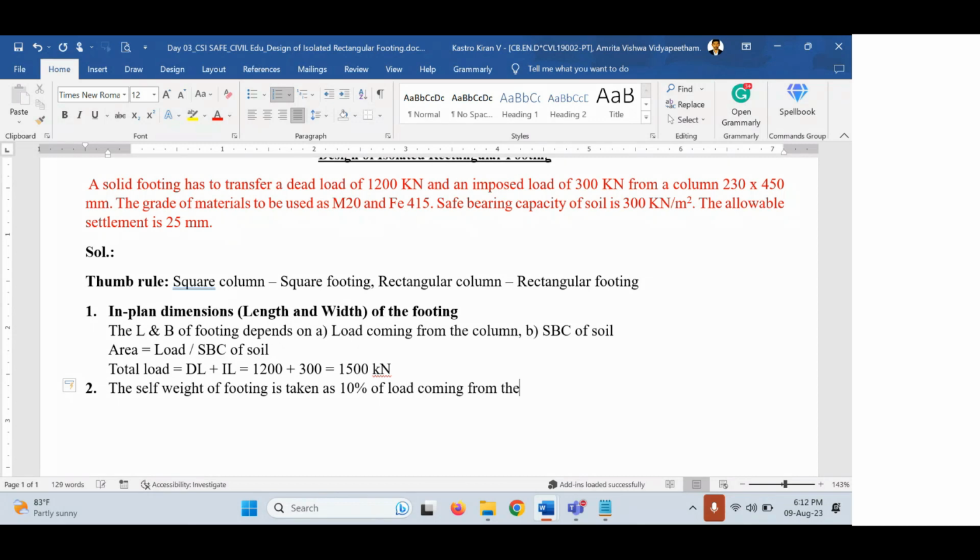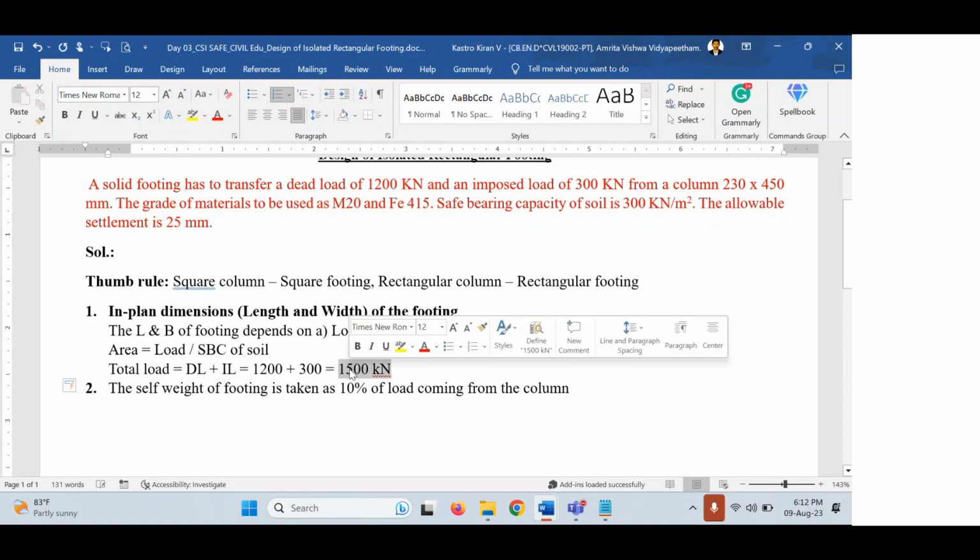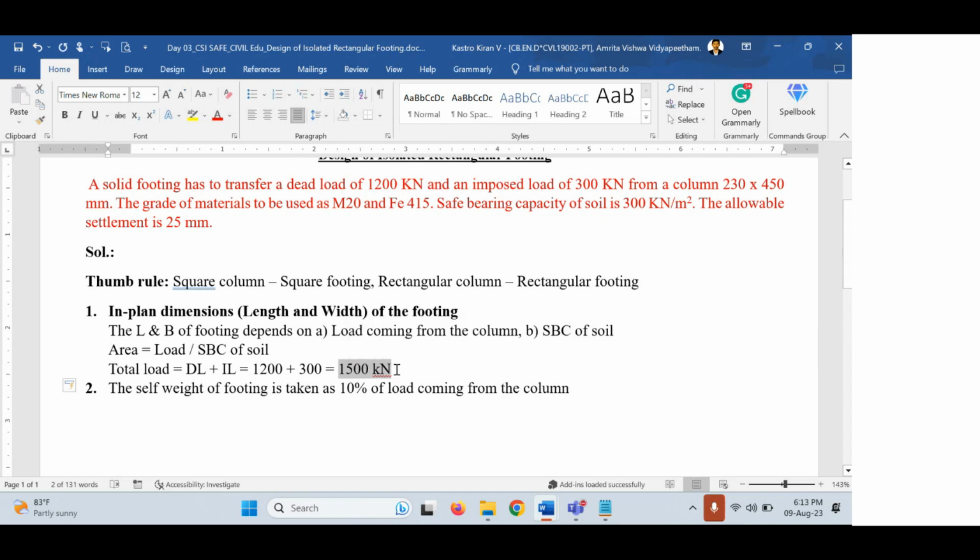What does it mean? Whatever load is coming from the column, which is an addition of dead load and live load, 1500 kilonewtons, 10% of this 1500 kilonewtons will be the self weight of footing.